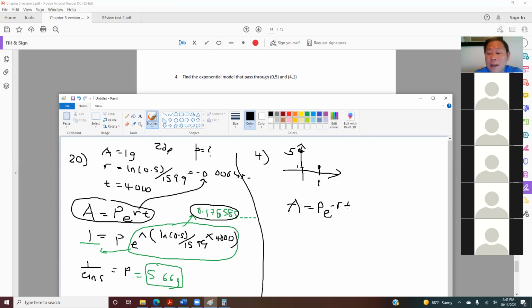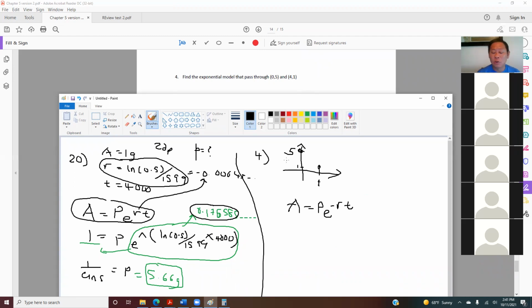The reason why this one needs a negative and the half-life one doesn't is because the rate I mentioned earlier is already negative. But this is not a half-life model. This is just giving you 2 points, so the negative is needed here.